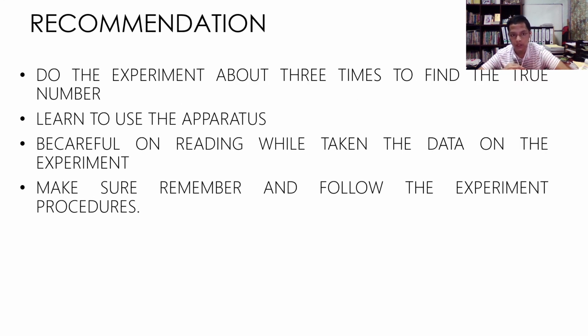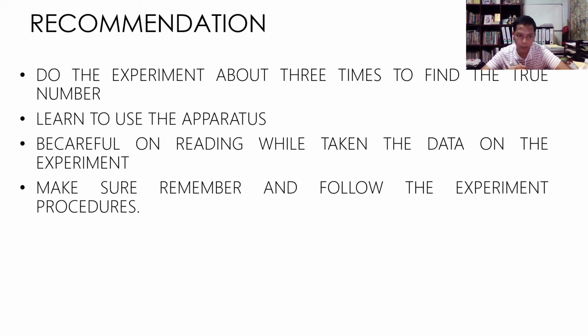So on the recommendation section, do the experiment about 3 times to find the true number. So we must do it again and again, and then divide by 3 to make sure that we can get the true number, and then learn to use the apparatus. So I believe that the software I can't see it because we are on ODL. So I believe maybe it's hard, maybe it's easy, but we must be careful on the procedure, be careful on reading and taking the data of the experiment.